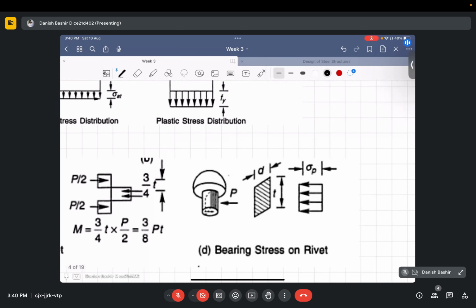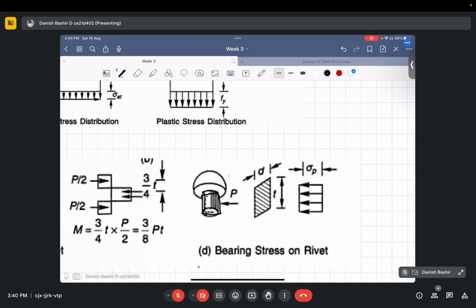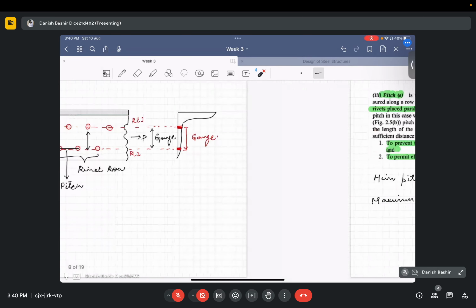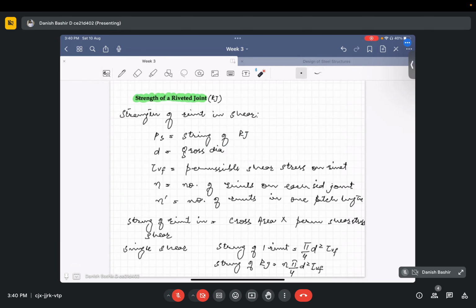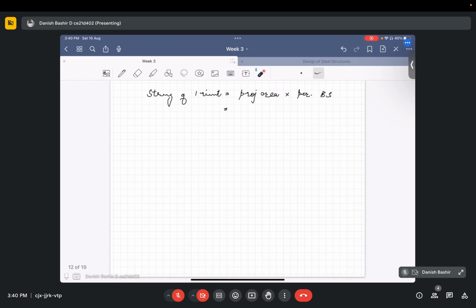This is the rivet, and this is the projected area, d times the thickness. So we have to take that only. So that is d times t times sigma pf.